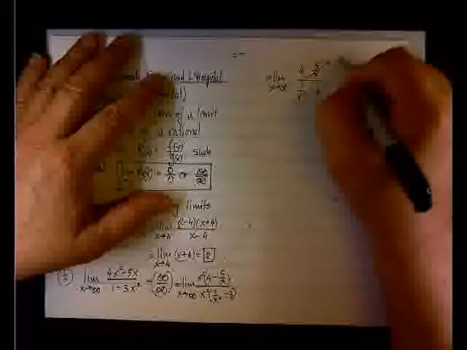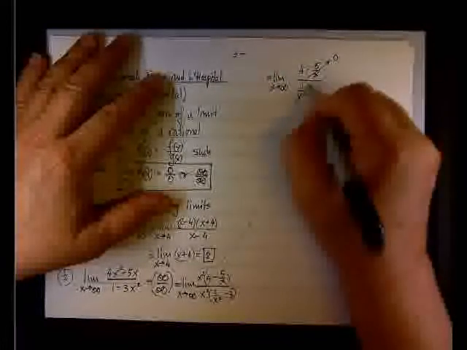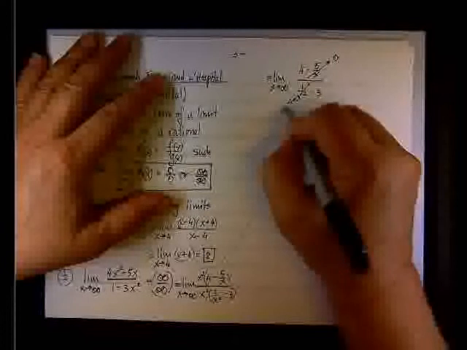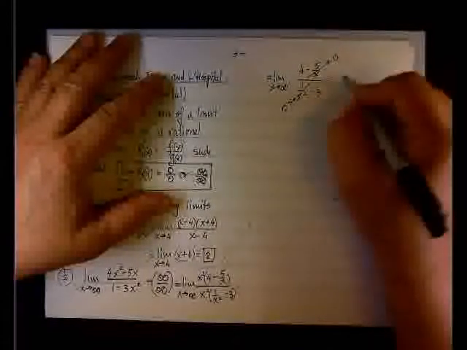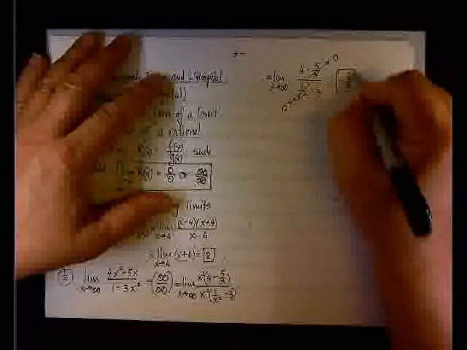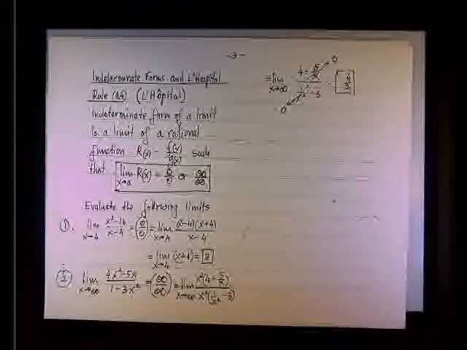And this makes us very happy, because as x goes to infinity, 5 over x goes to 0, and 1 over x squared goes to 0. And we end up having negative 4 over 3. Okay? So those are very simple cases.